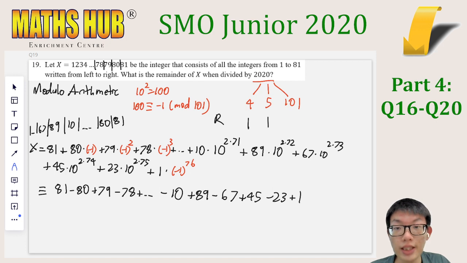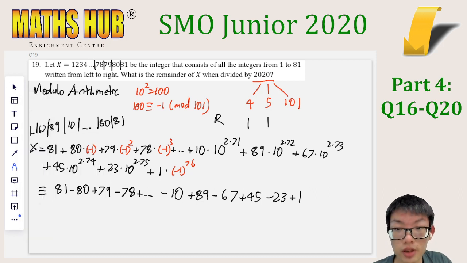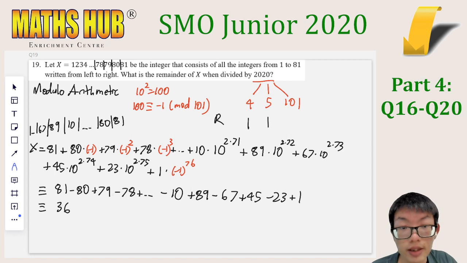And all of these are pretty straightforward to calculate now, because it is going to be 81 minus 80, 79 minus 78, and each of these differences are 1. So the first part of this, there are 72 numbers and every pair gives you 1. So 36, and then we calculate these. The pairs are 22 and 22.